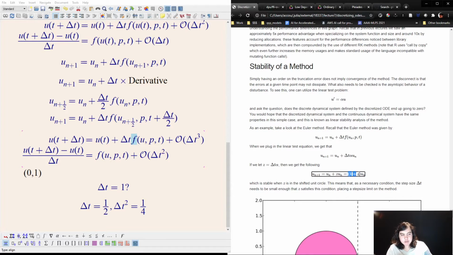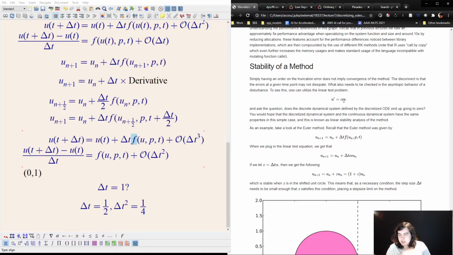For what values of z does the discrete dynamical system give you the same asymptotic behavior as the linear dynamical system? Well, we went over the stability of the linear dynamical system, right? If α is less than 0, then you decrease to 0 over time, right?